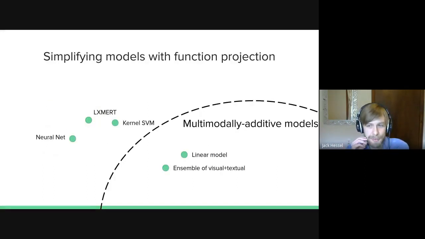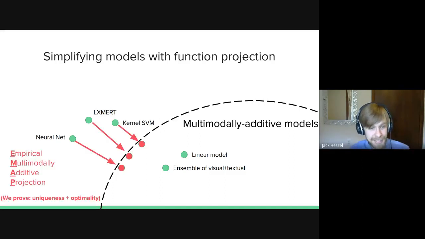It's hard to say, but we fortunately have developed this tool based on some prior work in statistics, and the tool is function projection. It turns out there's this nice way of taking these very complicated models, so any neural network, LXMERT, kernel SVM, anything capable of doing cross-modal interaction, and projecting them down onto this less expressive space of models.